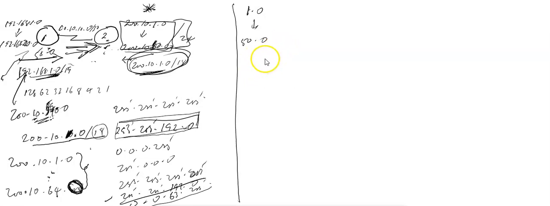Block size of what? 64. Now, for this second method, I'm going to be summarizing those networks, or let me say, I'm going to be breaking them down into smaller block sizes. That's the whole idea. So instead of using block size of 64, I won't.